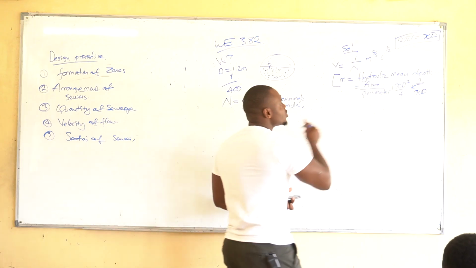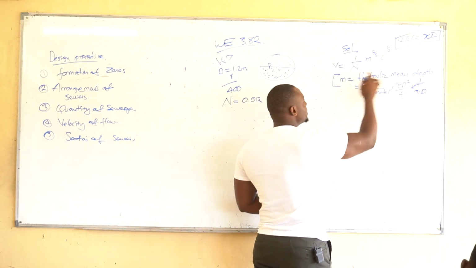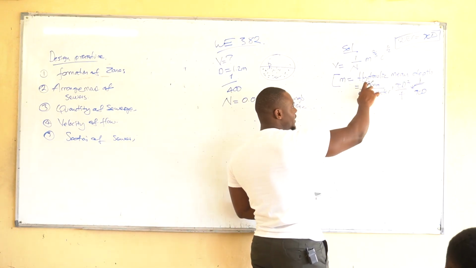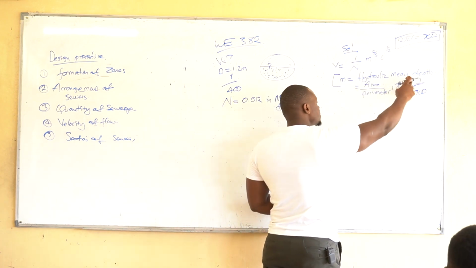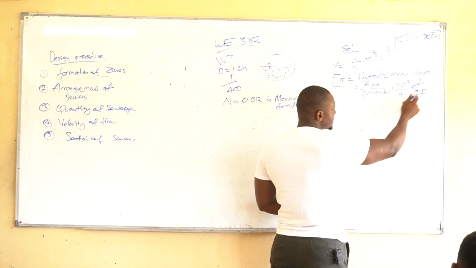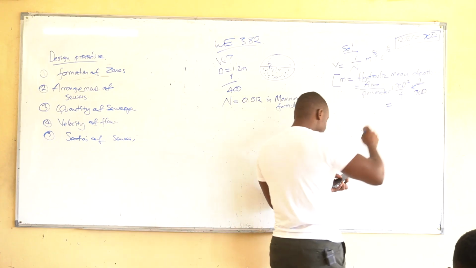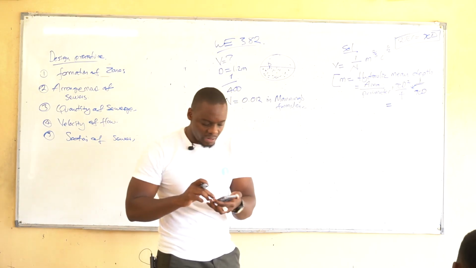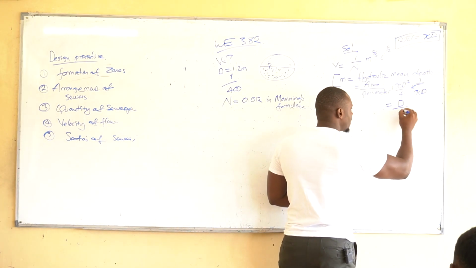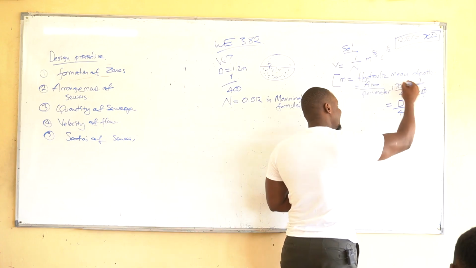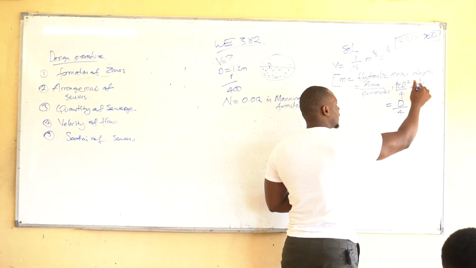Okay. So I'm trying to break down what the hydraulic mean depth is. It just means area over perimeter of your pipe. If your area is pi d squared over 4 and the perimeter is pi d, what you end up with as a simplified formula for M is just the diameter of your pipe over 4, because these terms cancel each other.